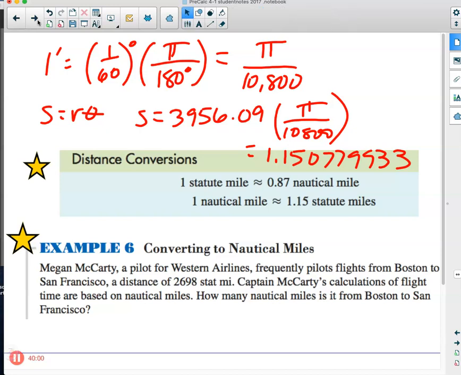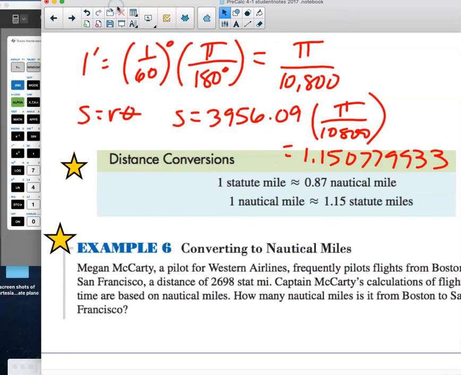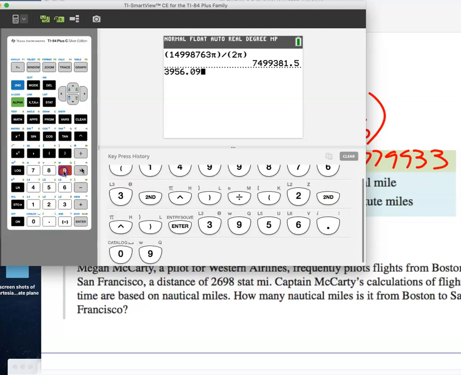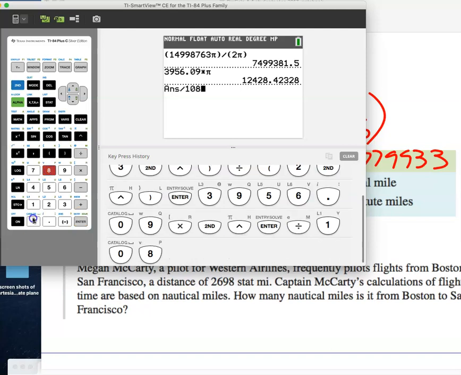So what I want to show you here, because we already know all we're going to do is turn this upside down. If we take 3956.09 times pi, divide that by our 10,800, we had our first conversion. Now, to go backwards, we already know this.